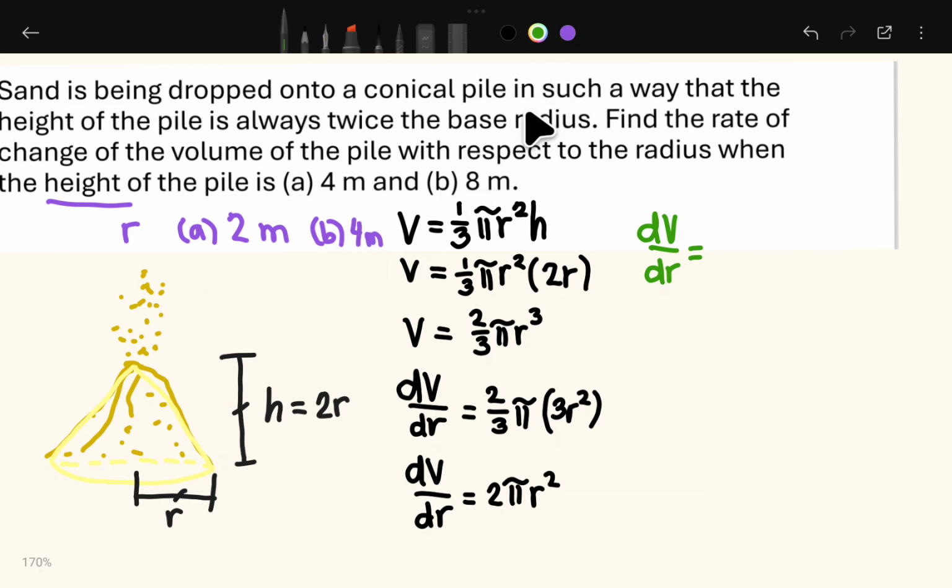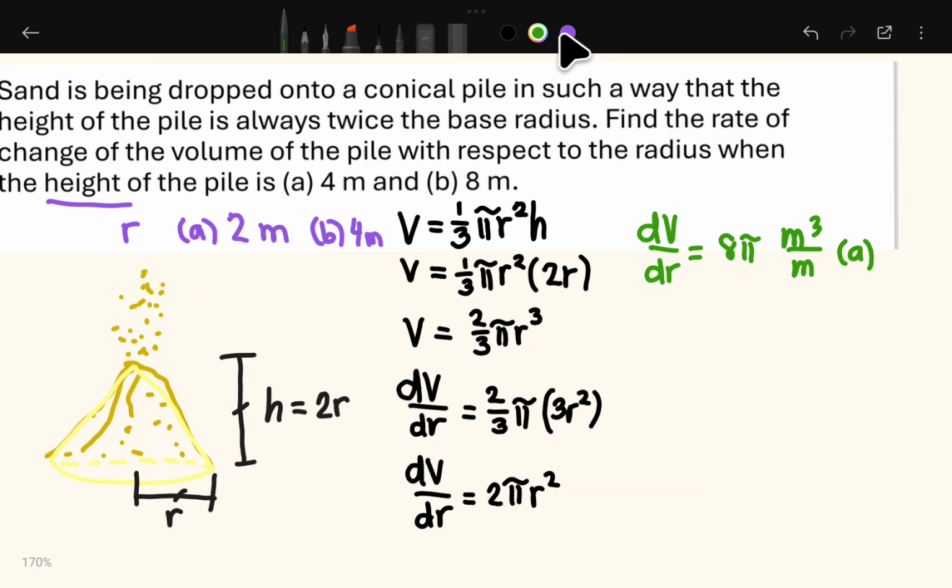And so for letter A, this will be 2 pi times 2 squared, so that is 8 pi cubic meter per meter.